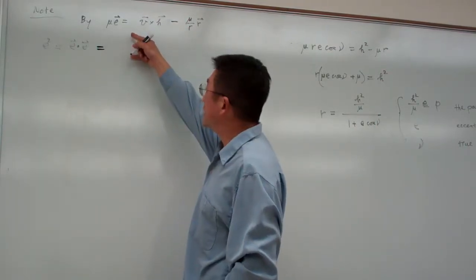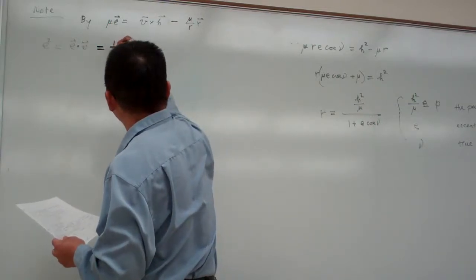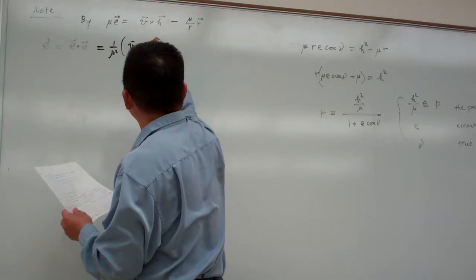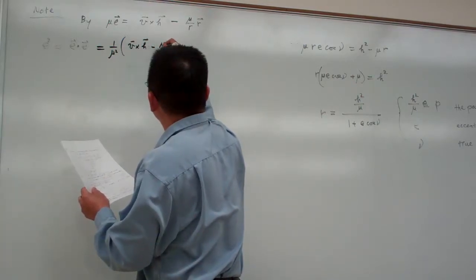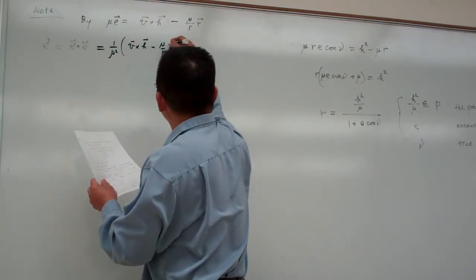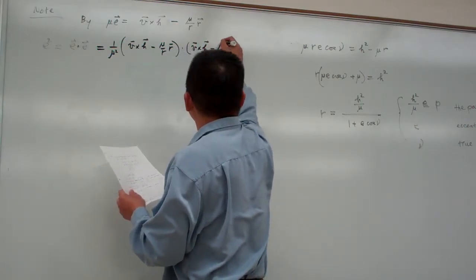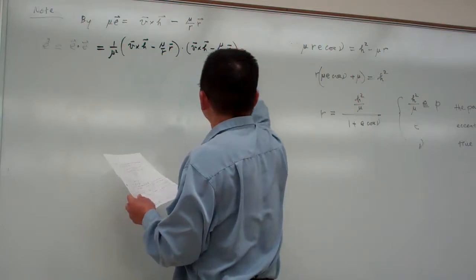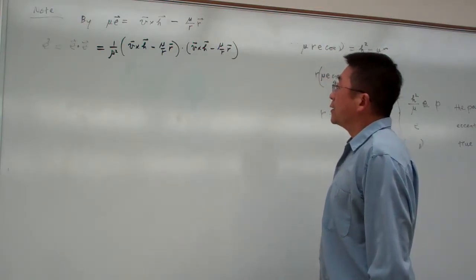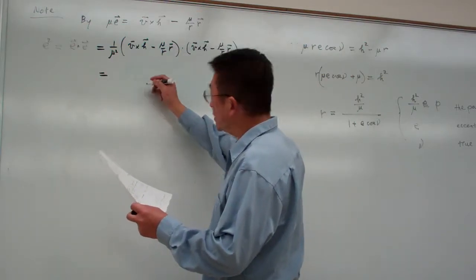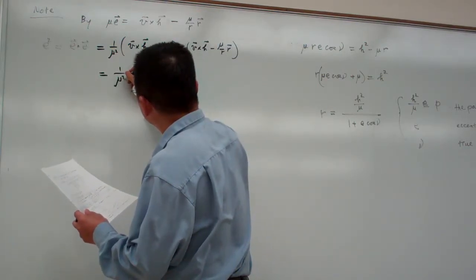We simply manipulate this quickly, so that is 1 plus mu squared V dot H minus mu over R dot V cross H minus mu R vectors. Okay, and again, if we expand it, I will directly give you the result.